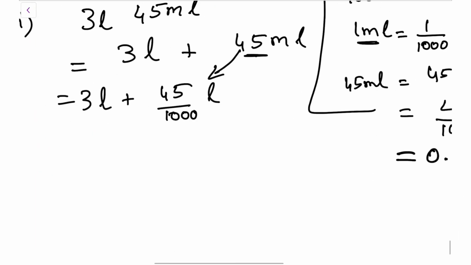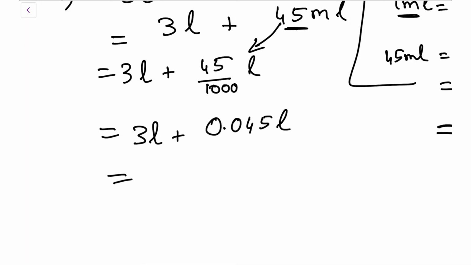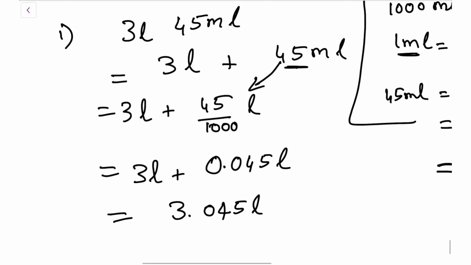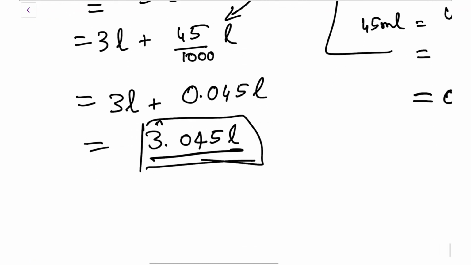Okay, so 3 liters plus 0.045 liters, that is nothing but 3.045 liters. You see, 3 liters 45 ml can be written as 3.045 liters. So the next time you see this 3.045 liters, remember it is 3 liters and 45 milliliters.